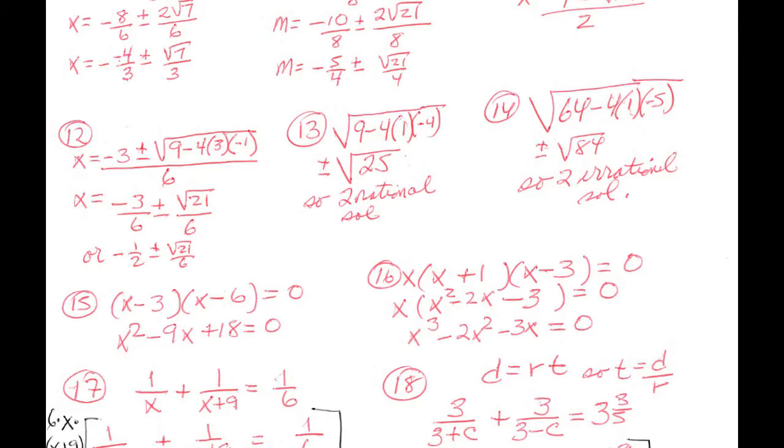Now, for number 13 and 14, they wanted you to deal with the discriminant, and the discriminant is just what is under the radical sign.